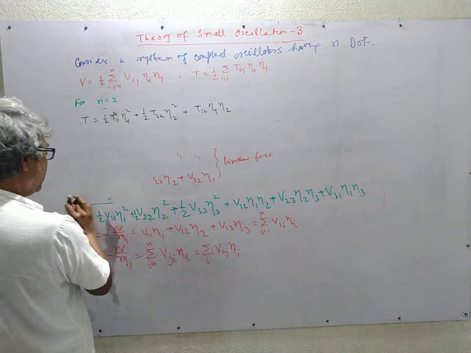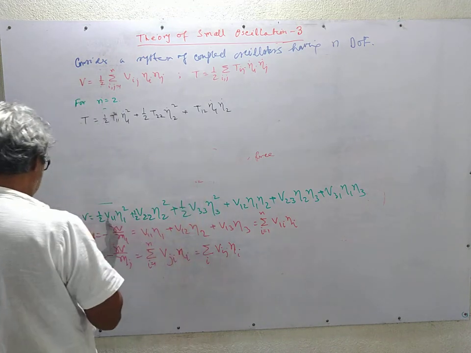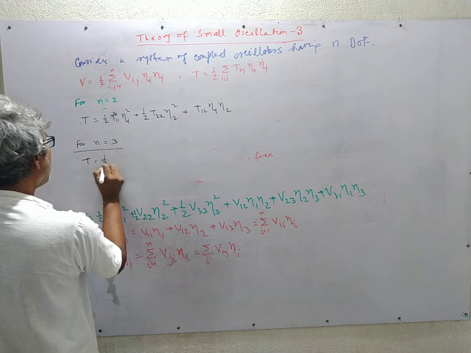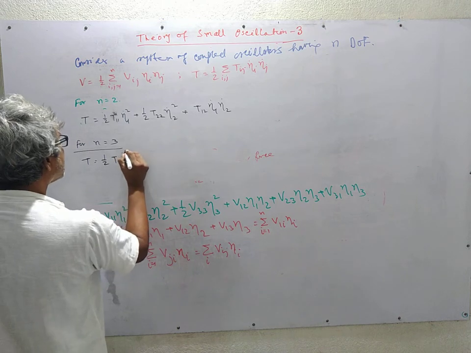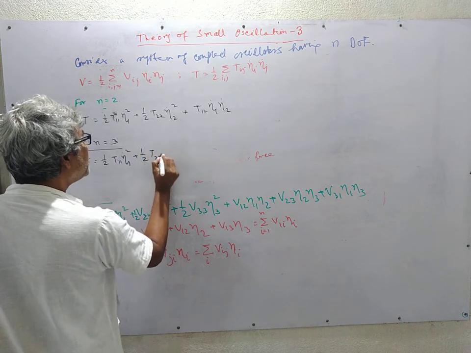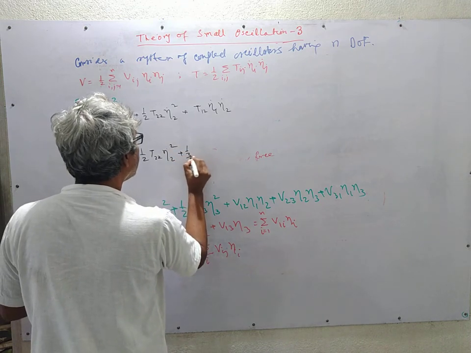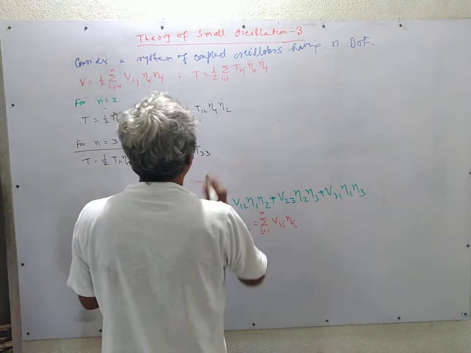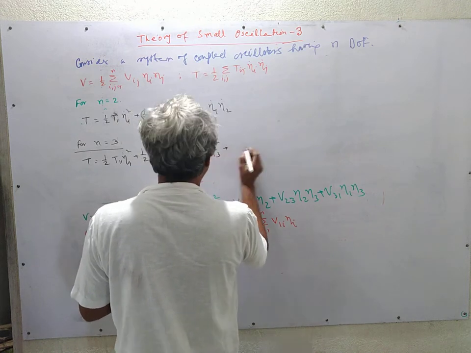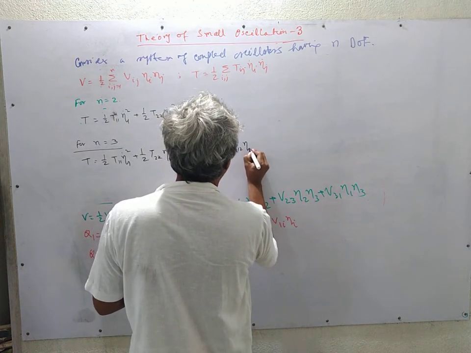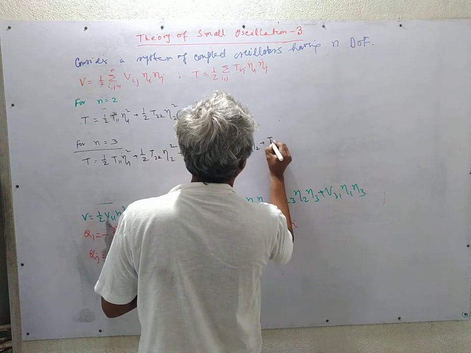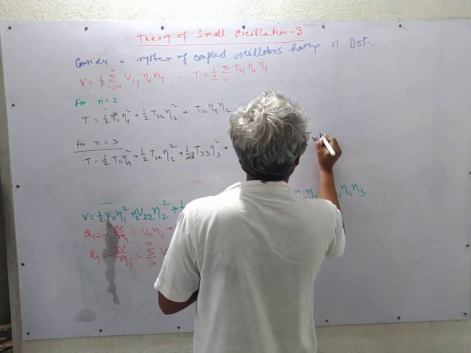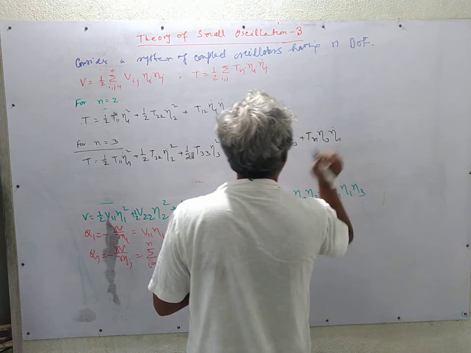And for n is equal to 3, we have T is equal to half T11 eta 1 dot square plus half T22 eta 2 dot square plus half T33 eta 3 dot square plus, no more halves, T12 eta 1 dot eta 2 dot plus T23 eta 2 dot eta 3 dot plus T31 eta 3 dot eta 1 dot. This is the kinetic energy.